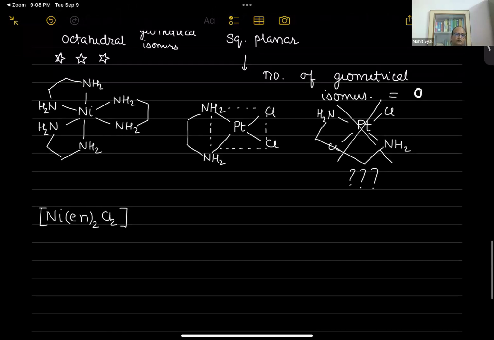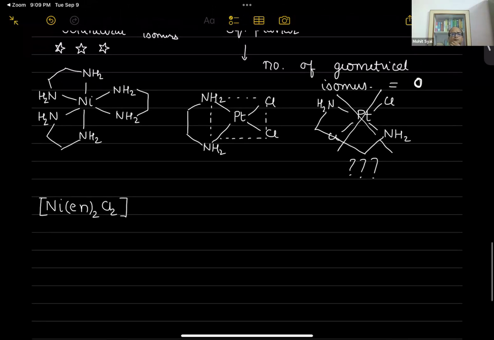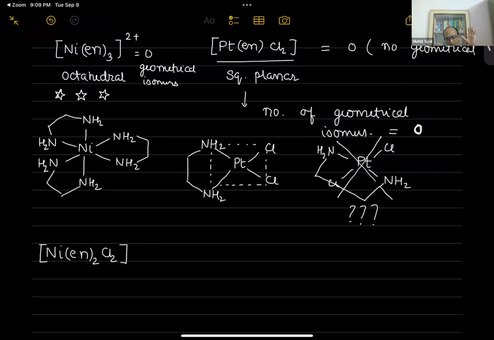So now tell me, is there any possibility now for formation of new isomers? Are they possible now? Well, now we are a bit more hopeful than the previous example, because this is a heteroleptic complex. Got it?